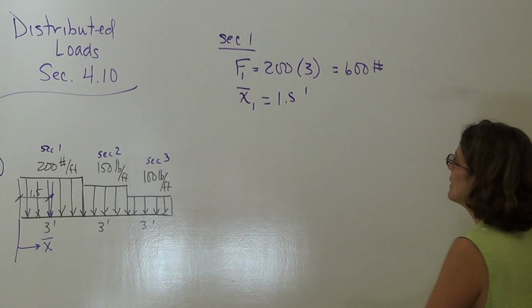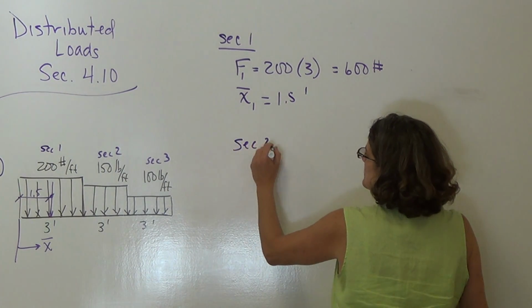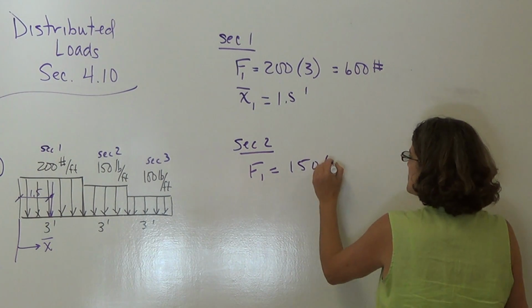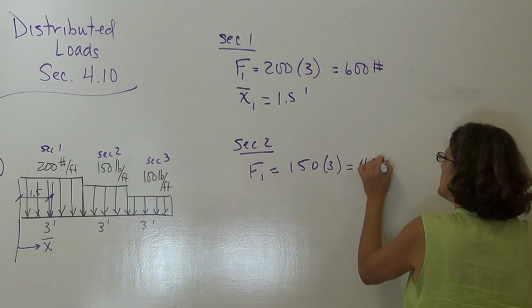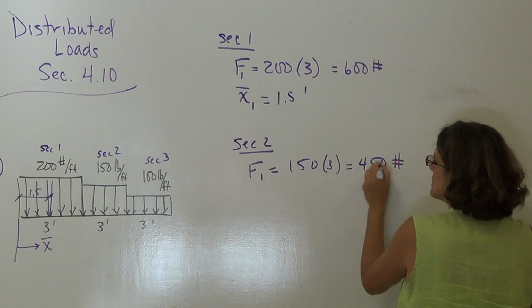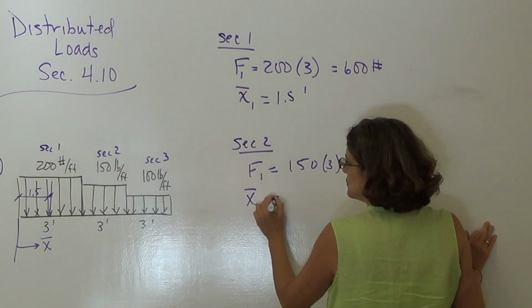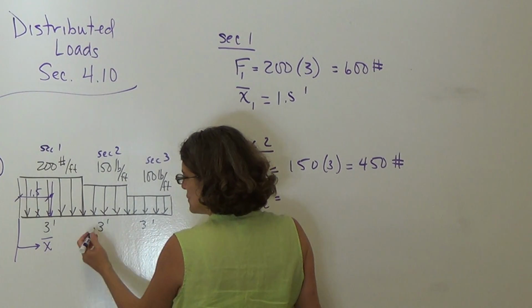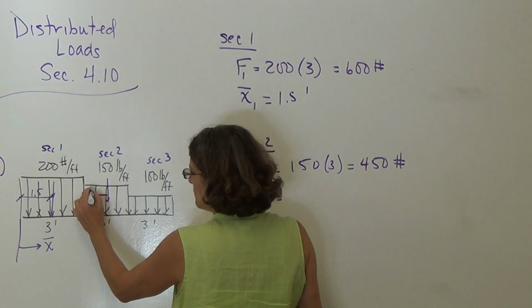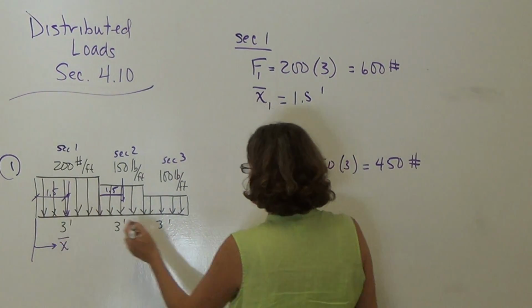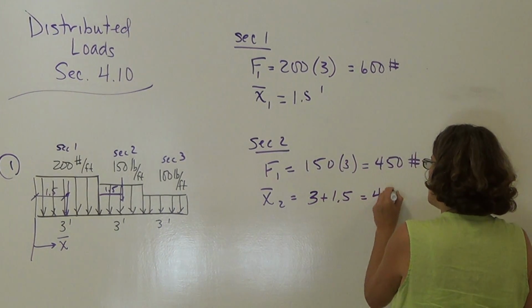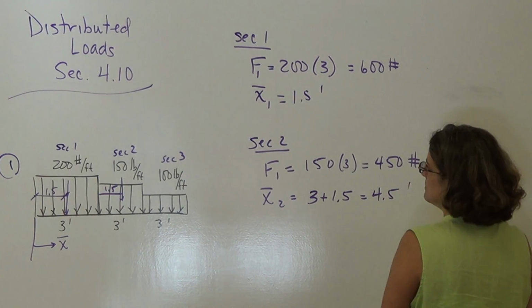Okay? Let's look at section 2. Section 2, F2, is going to be 150 times 3, which is 450 pounds. And x bar 2, remember I'm still measuring x bar from the end. So we know that x bar is going to be 1.5 here, but we already have 3, so it's 3 plus 1.5, which is 4.5 feet.